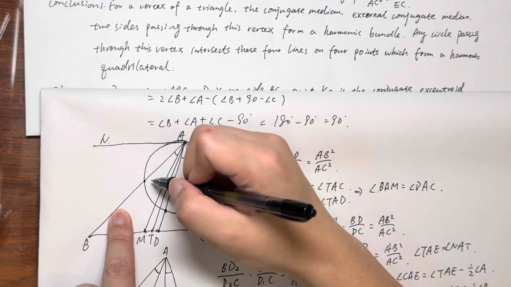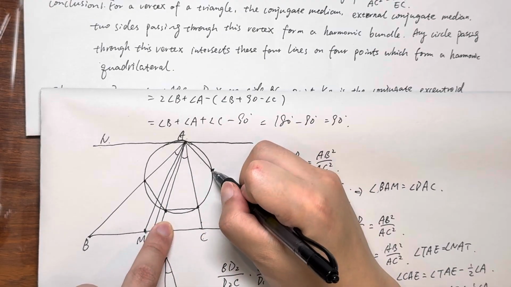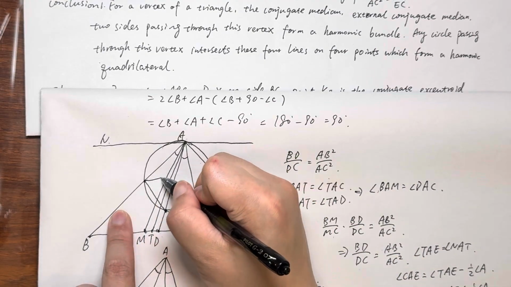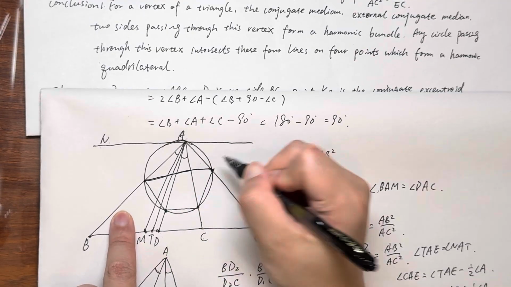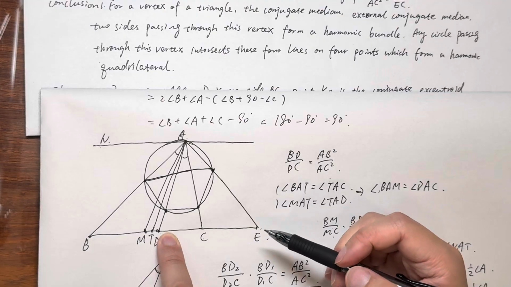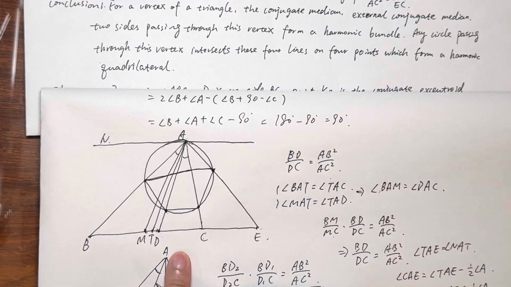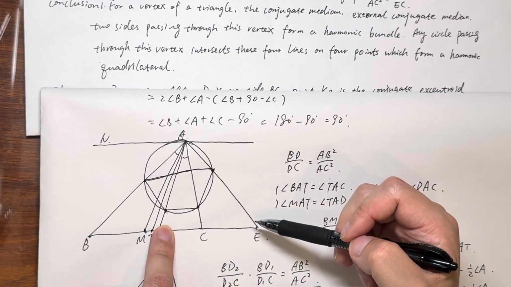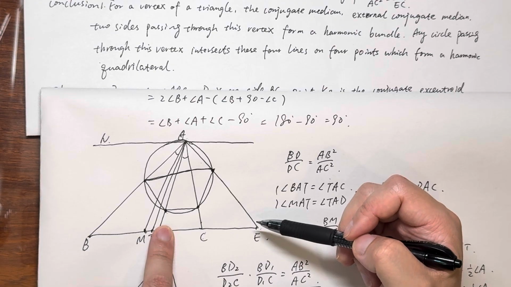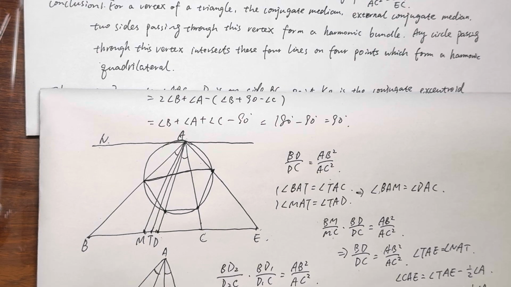We have this one, this one, this one, and this one. So we have these 4 points, and it's saying that these form a harmonic quadrilateral. Actually, this is a property that we discussed in the harmonic bundle, but we can prove it here again.